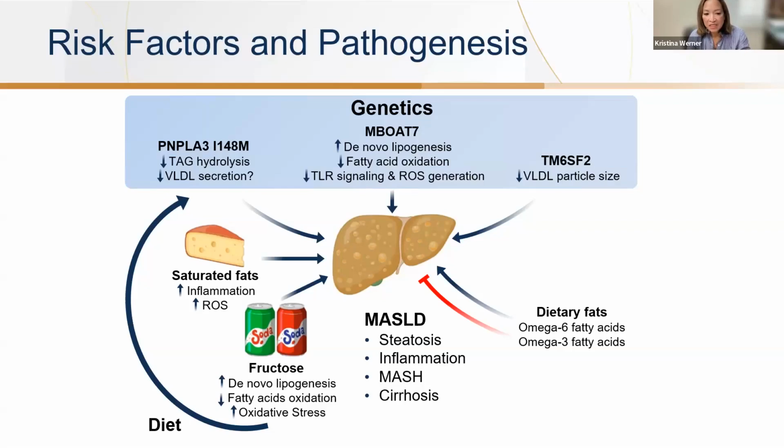Then you have activation of the Kupffer cells, or liver macrophages, and recruitment of monocytes, and this produces pro-inflammatory cytokines, and therefore there's inflammation and immune activation, leading to chronic inflammation and cell injury, leading to the activation of the hepatic stellate cells and fibrosis, and then of course progression to cirrhosis and development of HCC, or hepatocellular carcinoma.